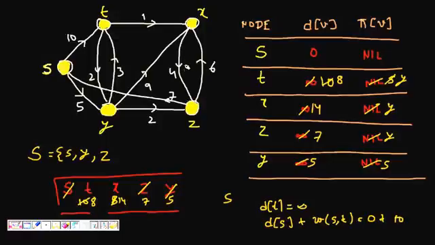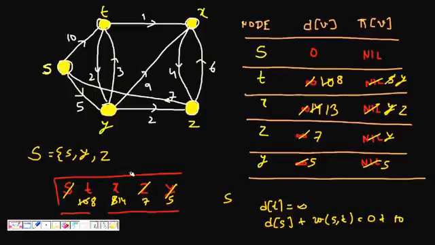I can go to x, the value will be z is 7 plus 6, which is 13. For x it is 14, so x is updated. It becomes 13 and its parent becomes z.